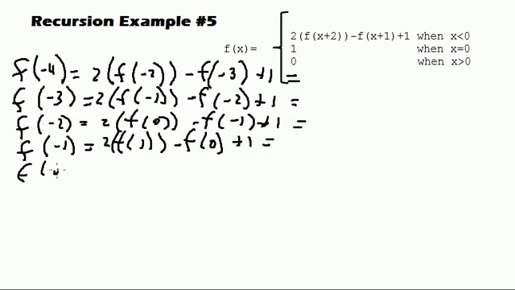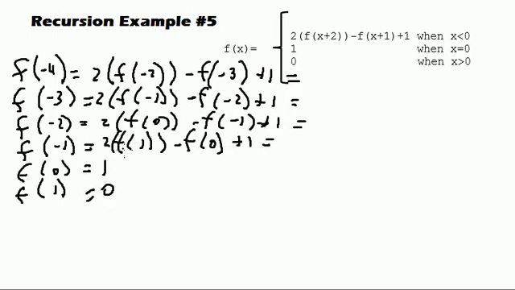So we found the function of 0. By definition, the function of 0 when x is equal to 0 is 1. So we put 1. And the function of 1, which we need here, by definition, when it's greater than 0, the answer is simply 0.